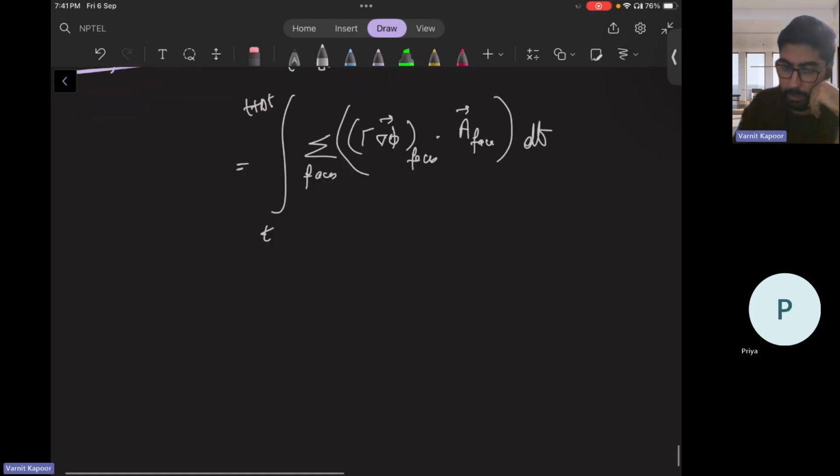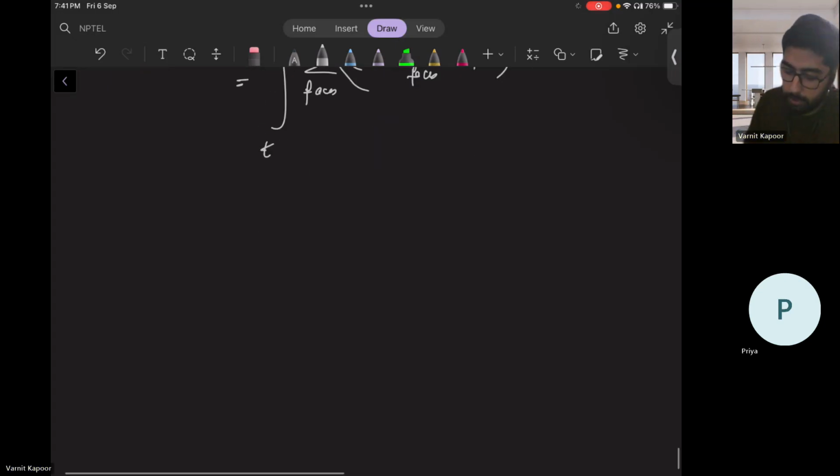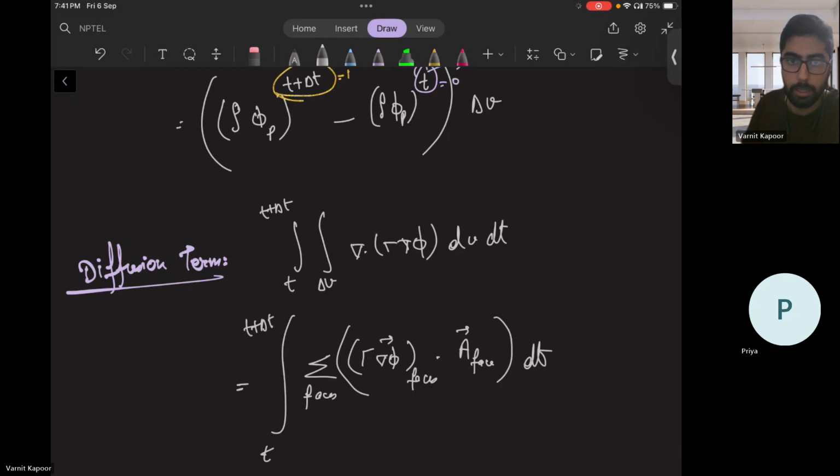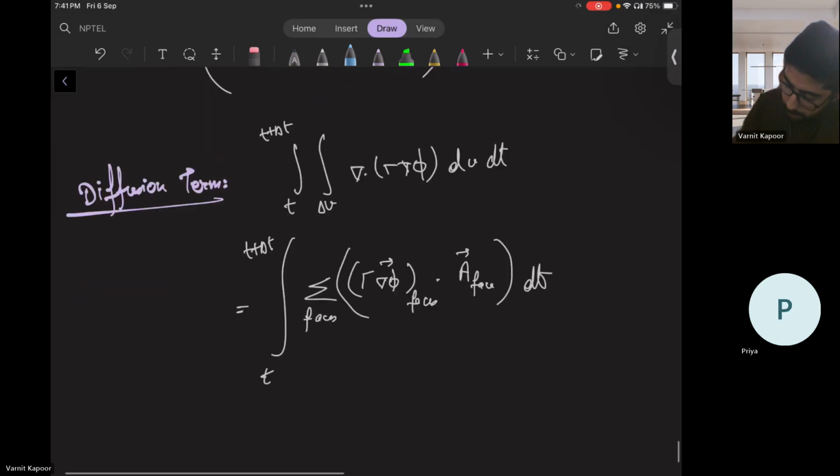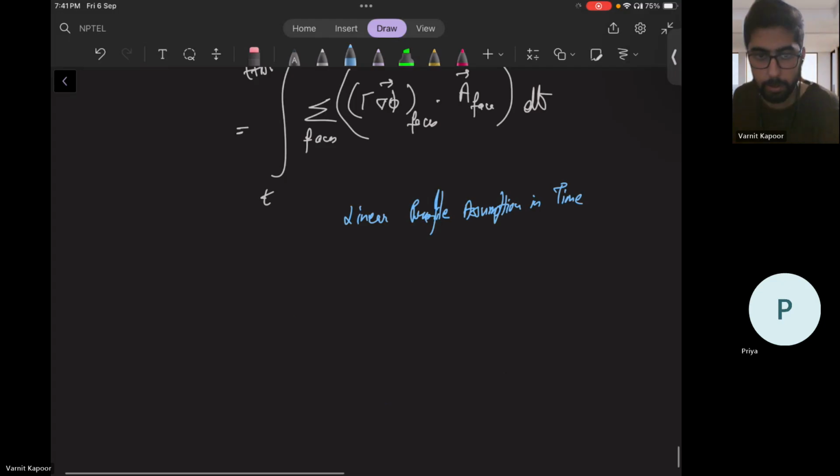Again, this can be written at t plus delta t and t. What is happening here is a linear profile assumption in time. Okay, linear assumption in time.